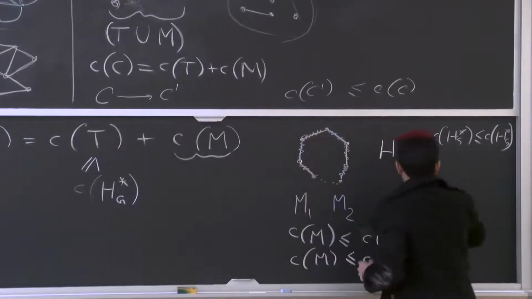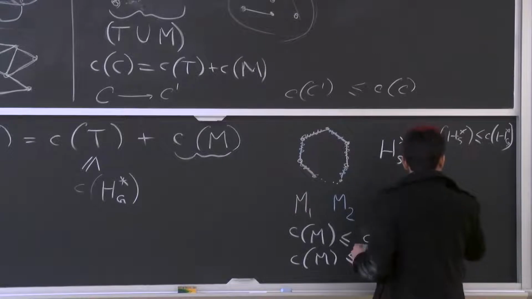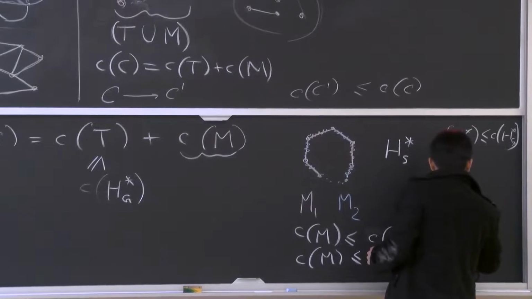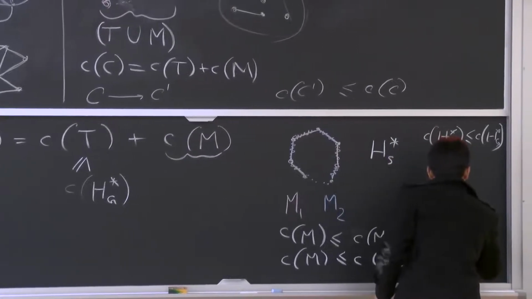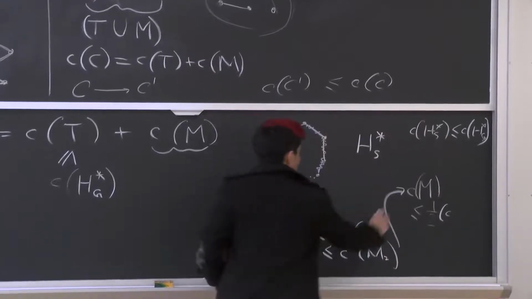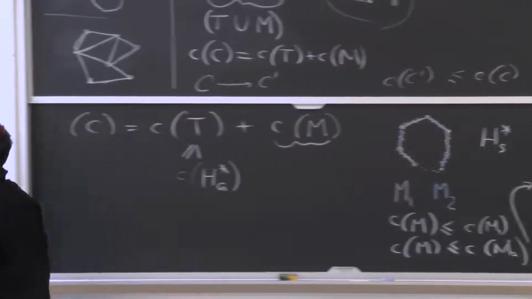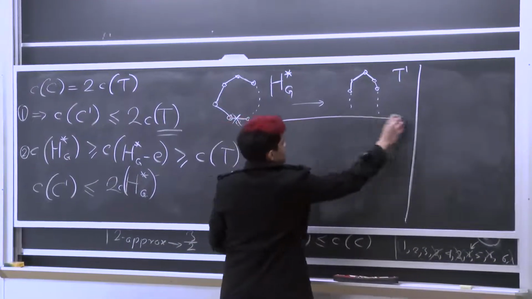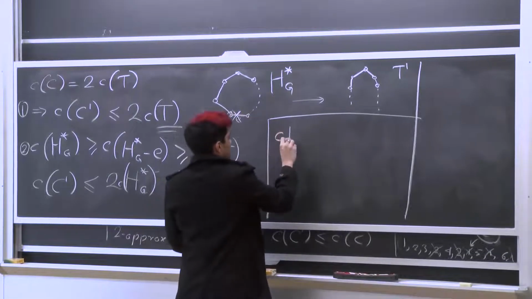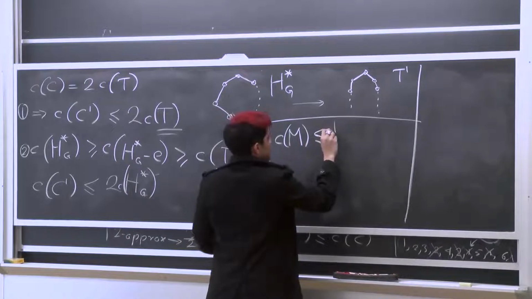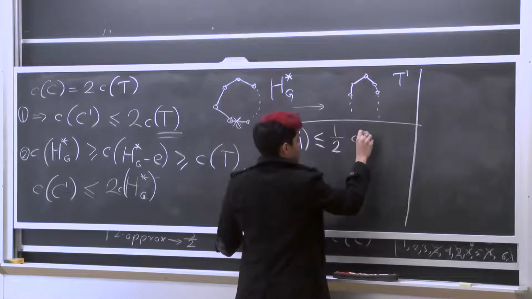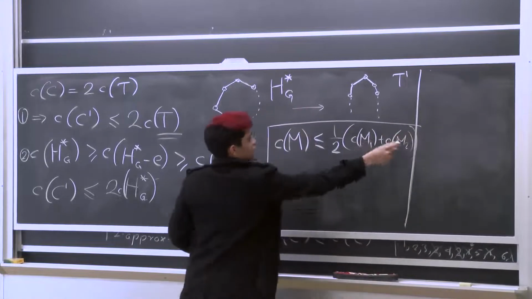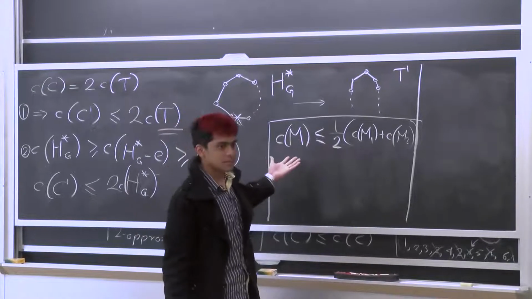So this implies that cost of M is less than or equal to half cost of M1 plus cost of M2. Since both of these are larger than this, their average is also larger than this, right?